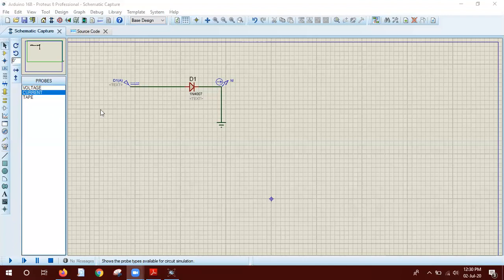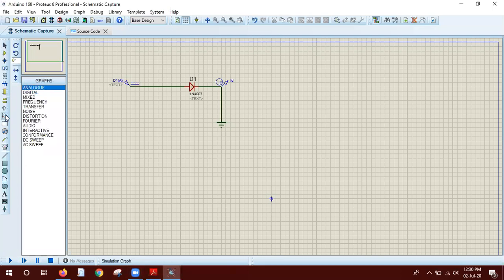So what we'll do now, we want to see the current and how the current works. We go to the graph mode here. As we are applying the DC voltage, we use the DC sweep. This is dedicated for DC analysis. So just drag it here.